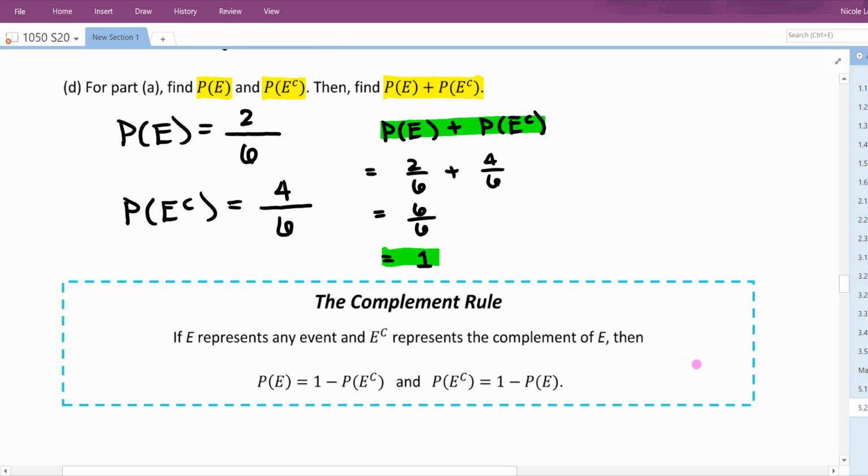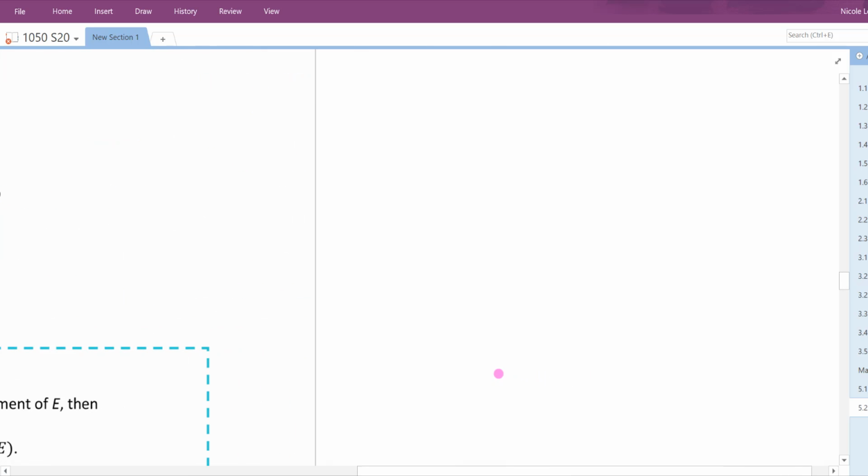You don't have to write what I'm going to write off to the side here, but let me just rewrite what we just saw: if we add the probability of E plus the probability of the complement, we always end up getting 1.